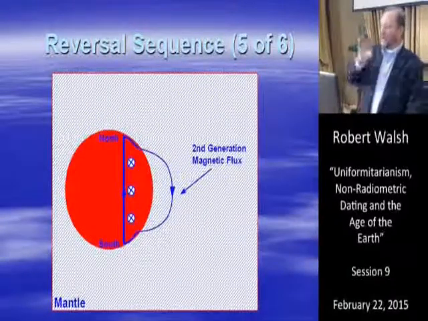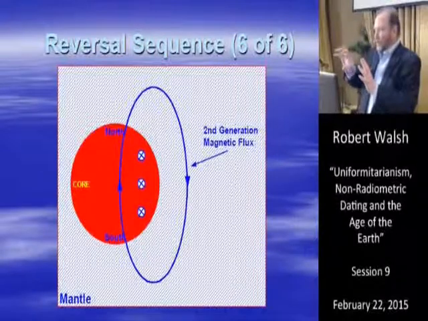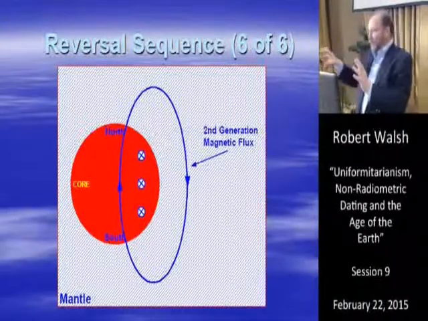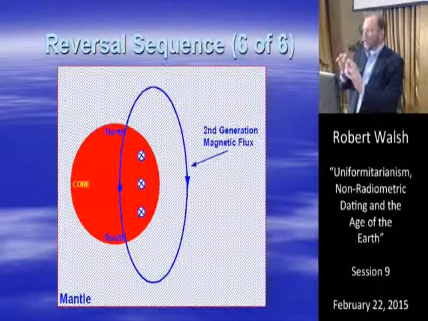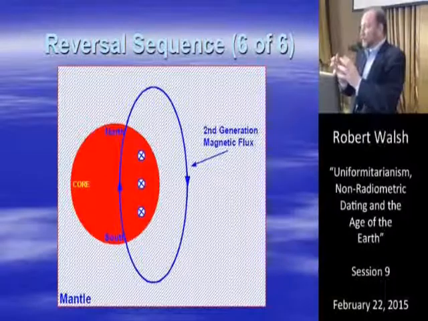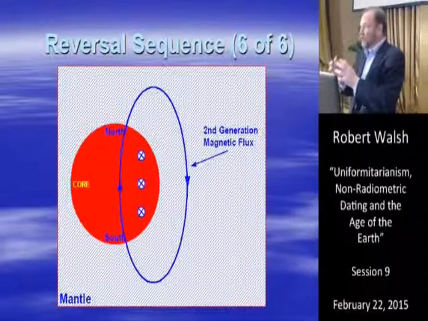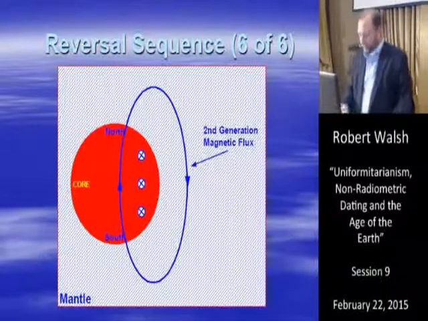So when you take a look at the sequence of what these parcels of hydrodynamic material are causing, it's actually causing a change in the current of the core, which is causing a change of the magnetic flux of the Earth, the magnetic field of the Earth.